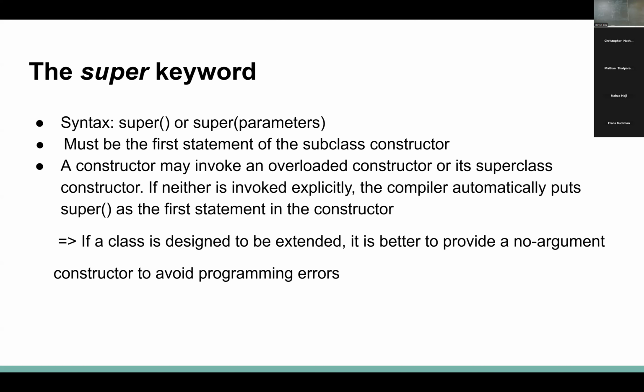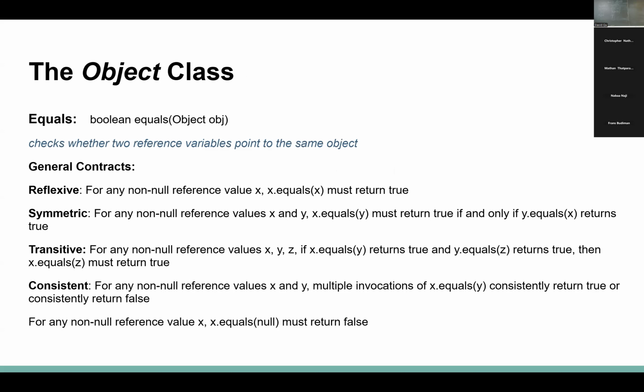If neither is invoked explicitly, then the compiler will automatically put super() as the first statement in your constructor. So to avoid something like that happening, you had better make a no-argument constructor for your superclass, I mean.